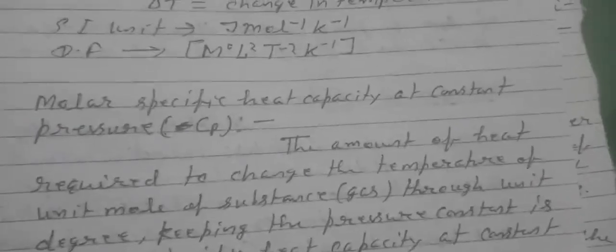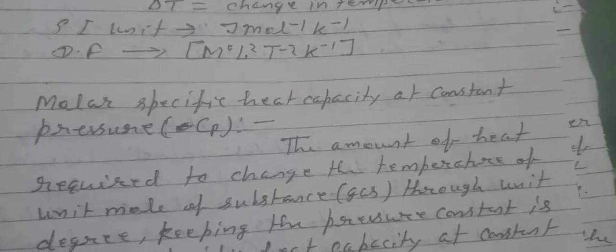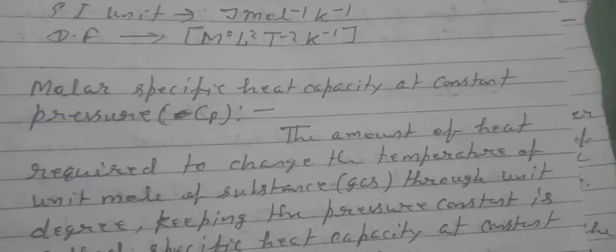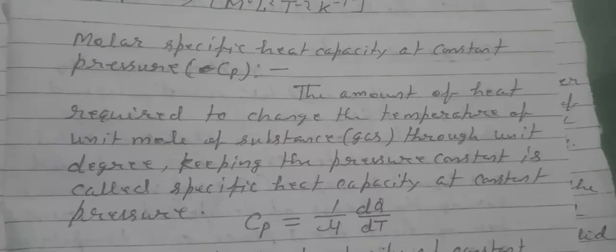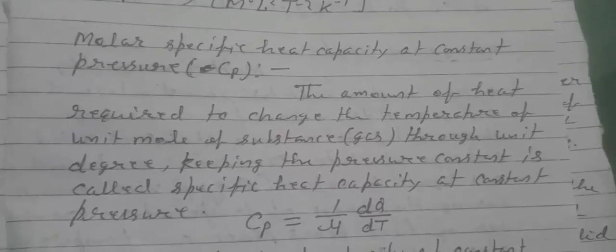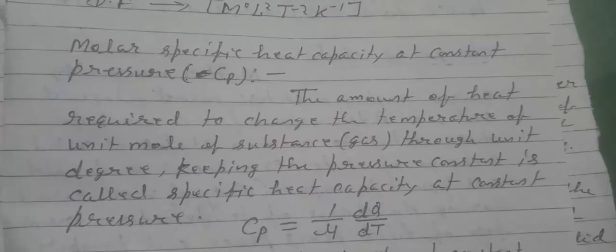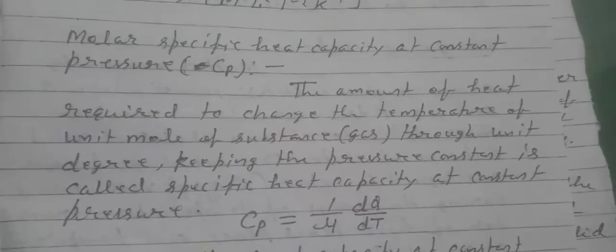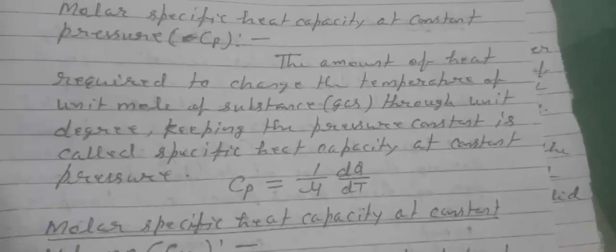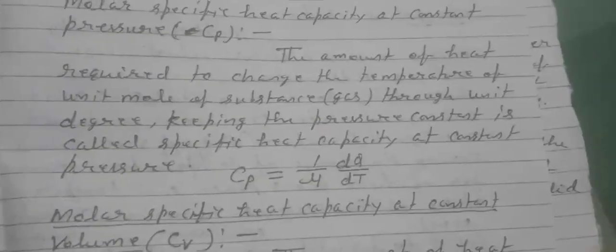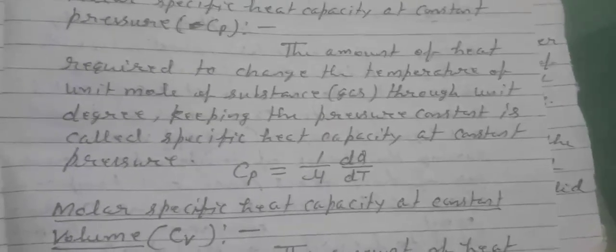Next, molar specific heat capacity at constant pressure, Cp. The amount of heat required to change the temperature of one mole of a substance, maybe a gas, through unit degree, keeping the pressure constant, is called the specific heat capacity at constant pressure. Thus Cp = (1/μ)(dQ/dT).